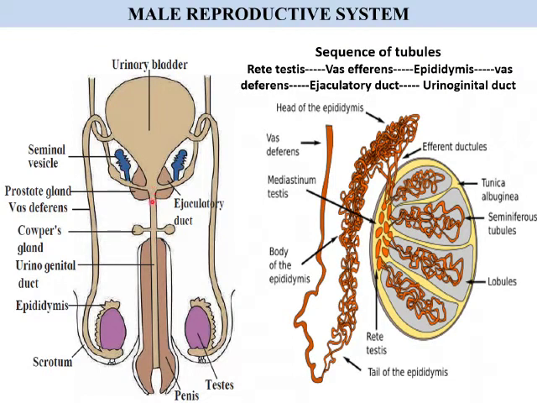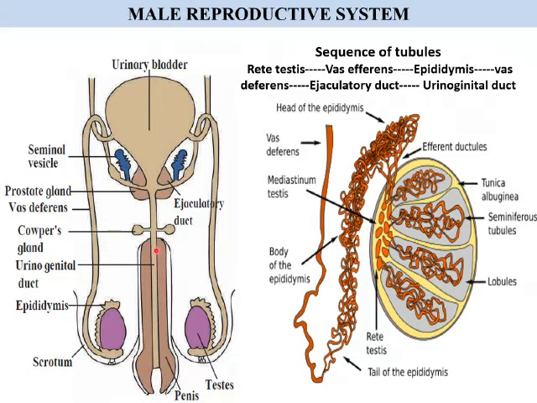When it moves into the urinogenital duct, the prostate gland and the Cowper's gland both release their secretions. The seminal vesicle secretion is released into the ejaculatory duct, but the prostate gland and Cowper's gland release their secretions into the urinogenital duct. So now the semen comprises the secretions of the seminal vesicle, prostate gland, Cowper's gland, and the male gametes.